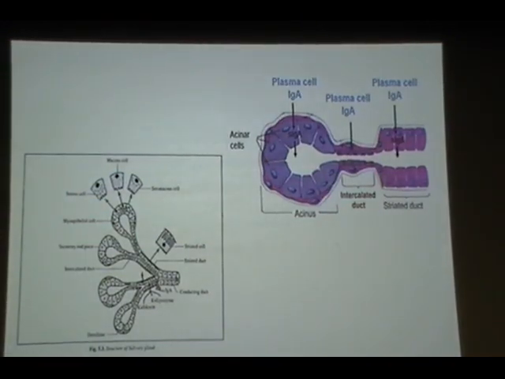Another way to look at it, more histologically, is this is the structure of the acinus, intercalated duct, striated duct, and in all of these places, the plasma cells will generate these IgA molecules, which will go in and become the mature secretory IgA molecules, released into the lumen.